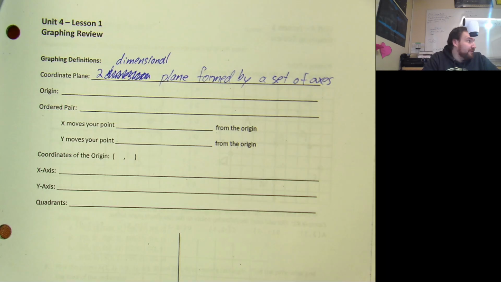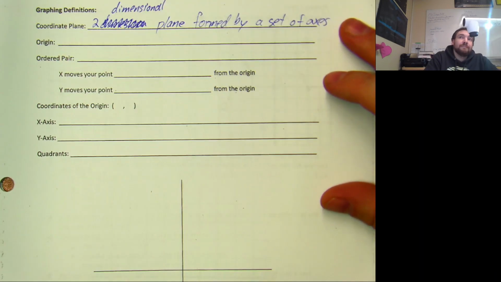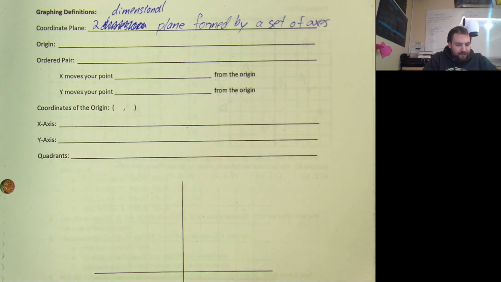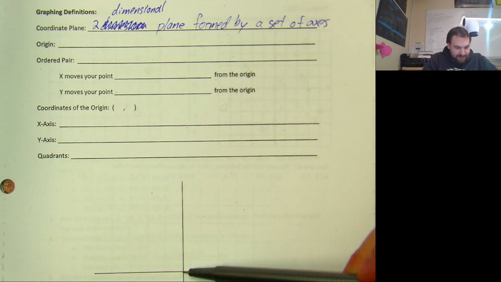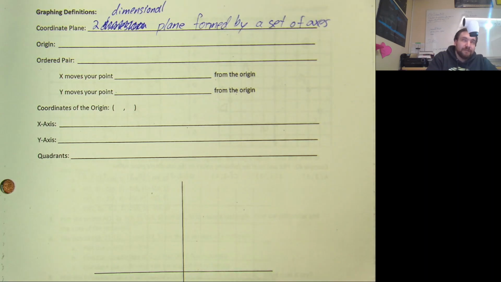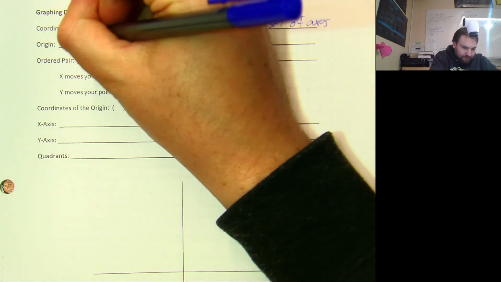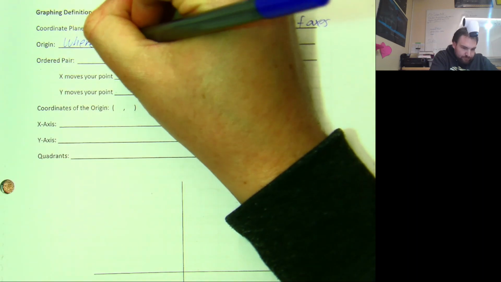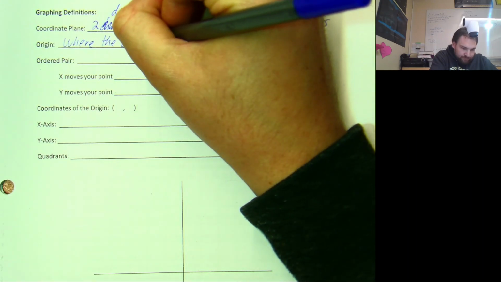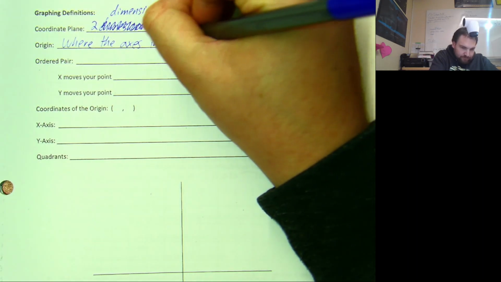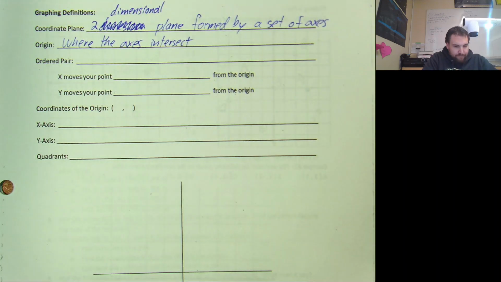The origin. Does anyone know this language, the origin, what that is? It's a starting point. Okay. But how do you know where this thing starts? Right there. Okay. So the origin is where the axes intersect.